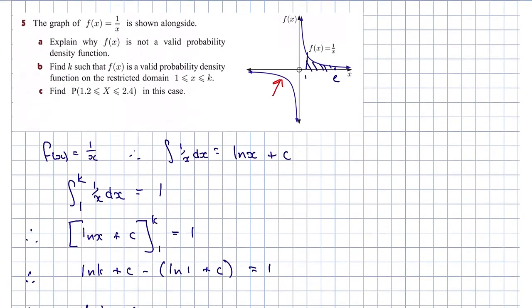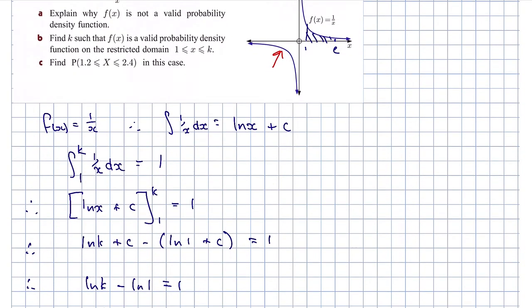In part C, it's asking us to find the probability that this random variable, randomly picking one of them, has a value between 1.2 and 2.4. What's the probability of that happening? It's going to be within this space in there somewhere, but not the whole way.